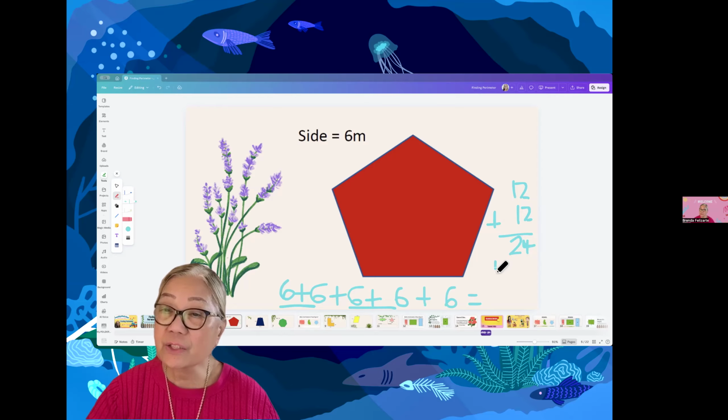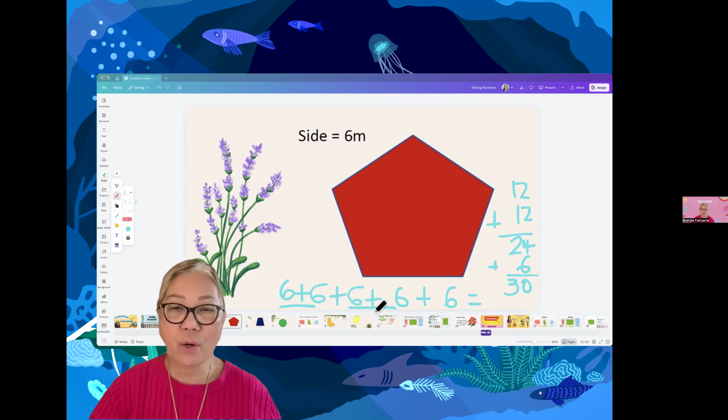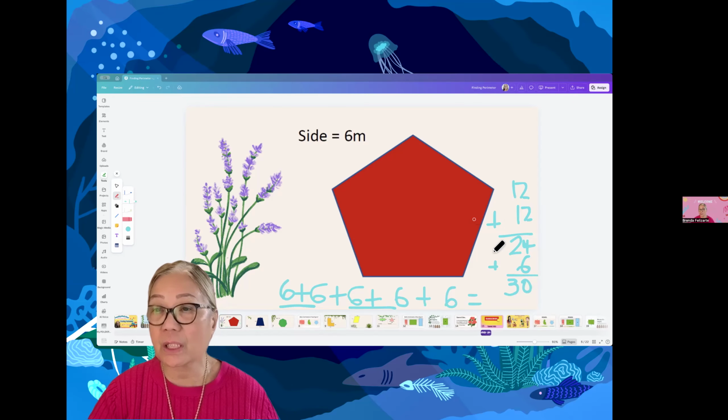Plus 6 more is 30. Am I right? So, the perimeter of this pentagon is 30 meters.